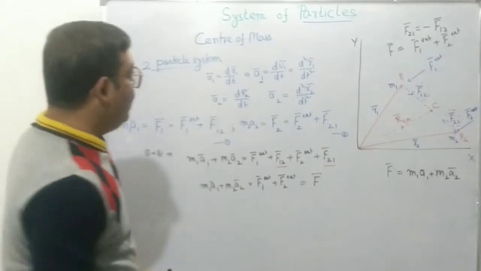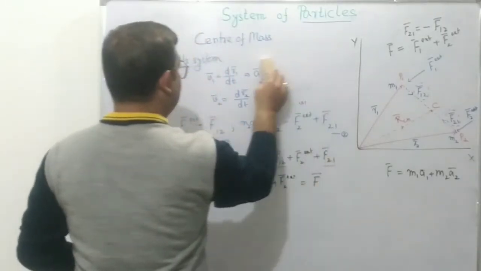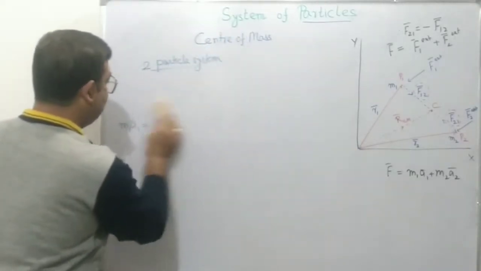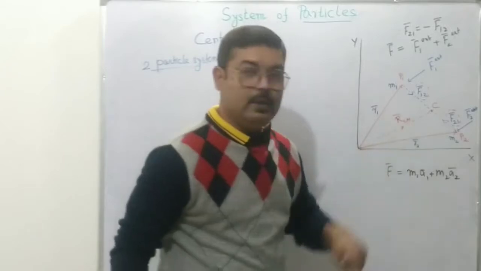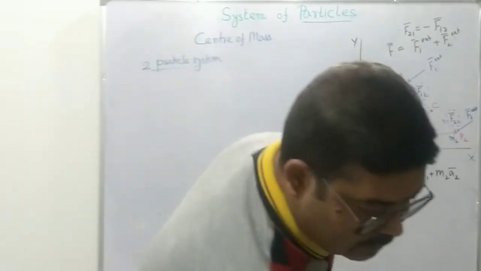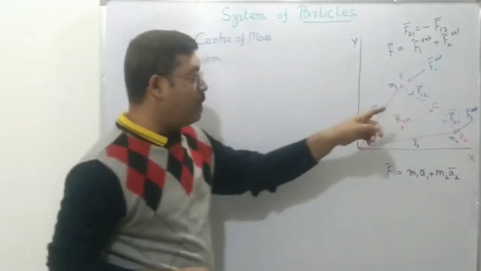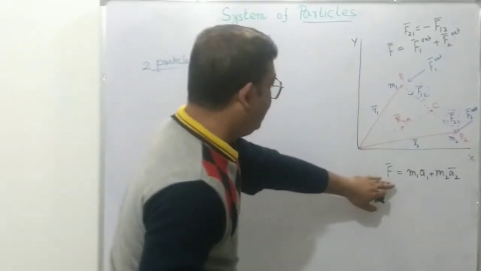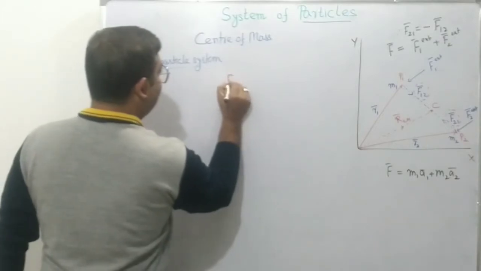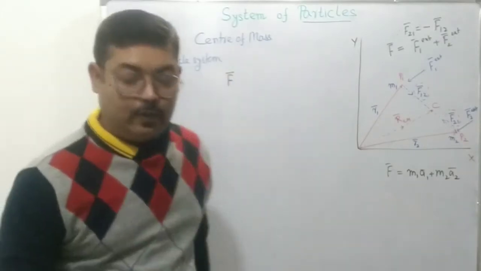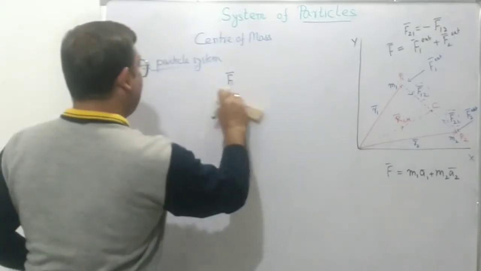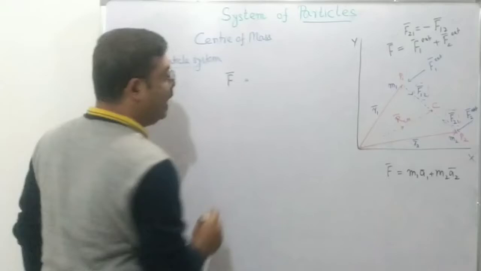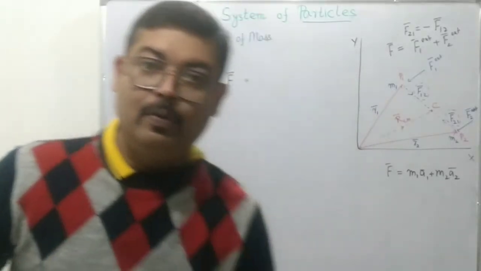Now we have said that we have taken RCM as the position of the center of mass, and we have said that center of mass is that point where if we apply the same net force, that is F, the net external force, to the center of mass, it will move the same way as the extended particle will move.